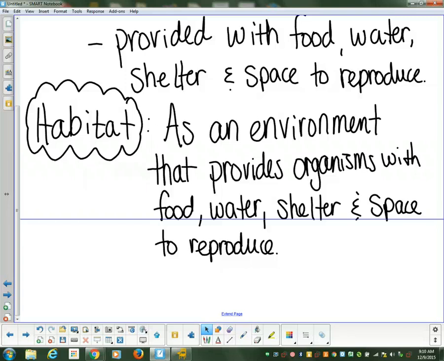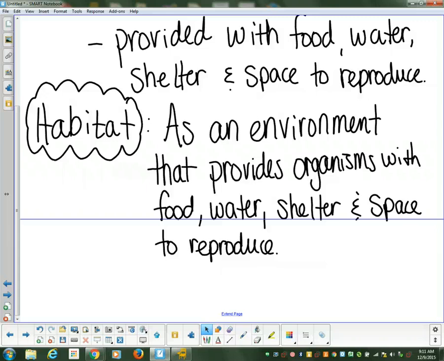So it's basically like the organisms have needs that need to get met, and the habitat provides those needs. Do you think that the Milwaukee River is just one habitat, or do you think that it's many habitats? Jack, what do you think? Probably many habitats. Yeah.